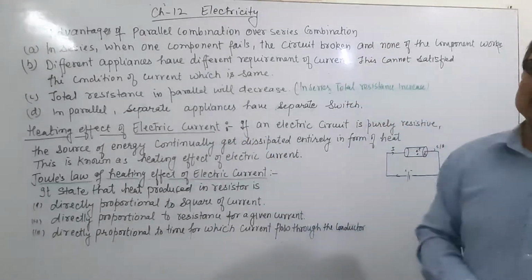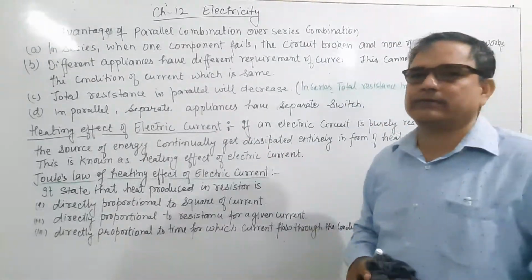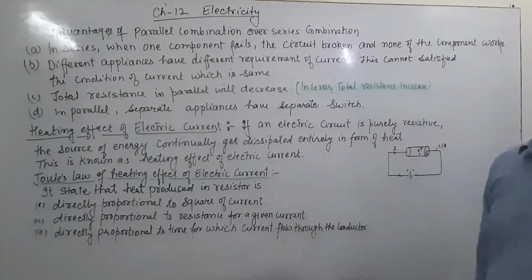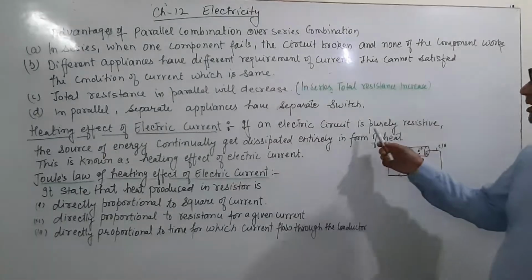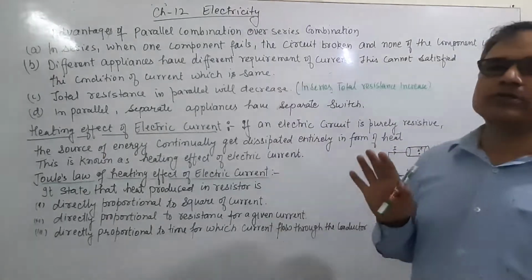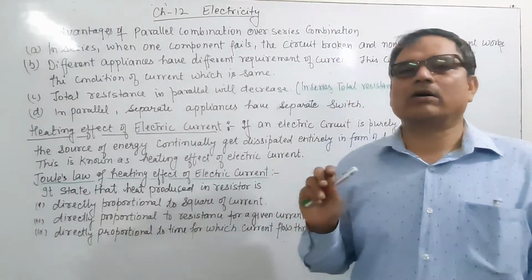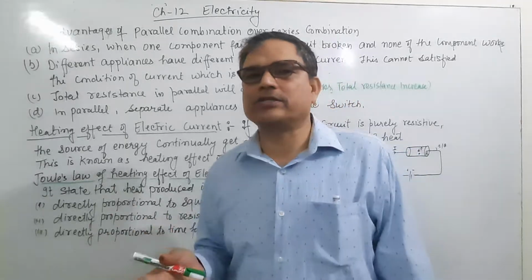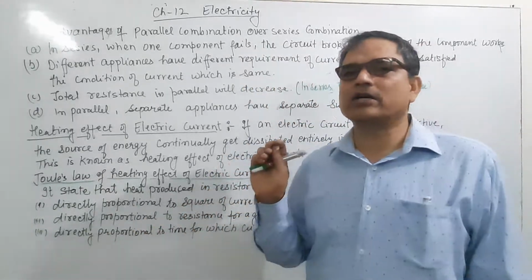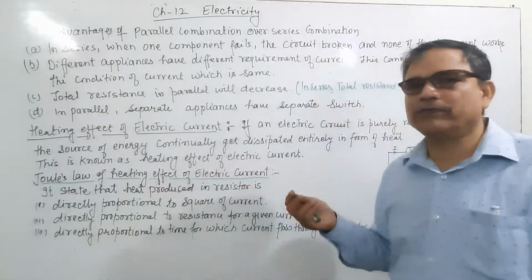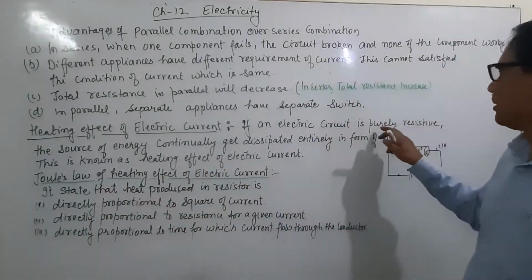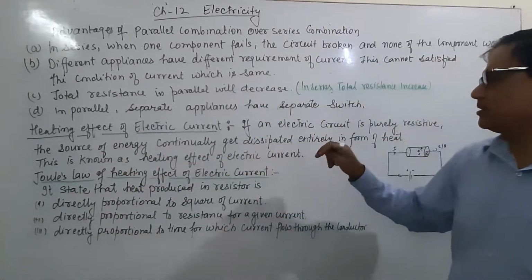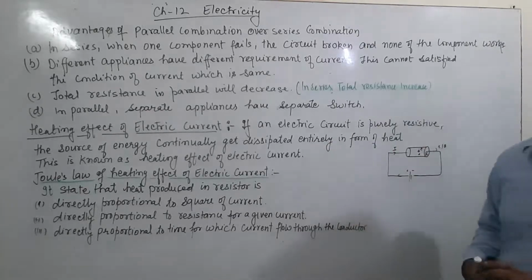And how is the heating effect produced by passing an electric current? If an electric circuit, you know it very well, is purely resistive, purely resistive means it resists the flow of charges. If it is purely resistive, then the source of energy is continuously dissipated entirely in the form of heat.